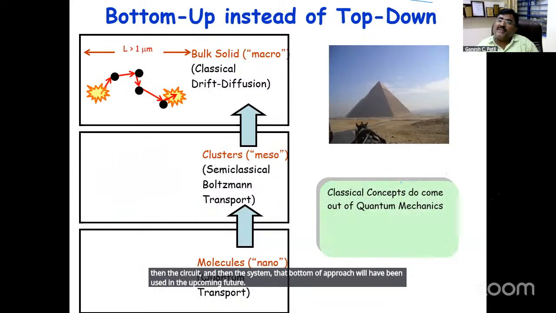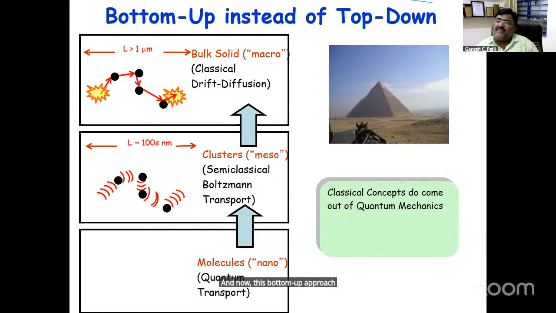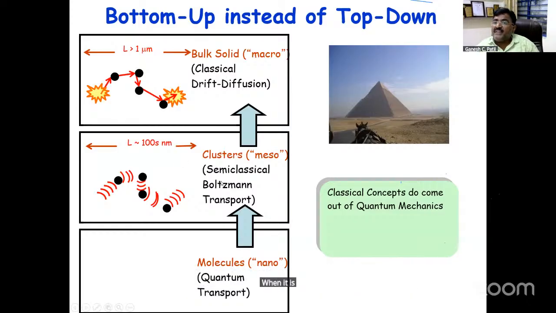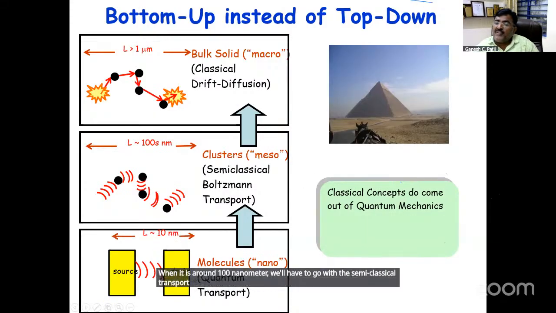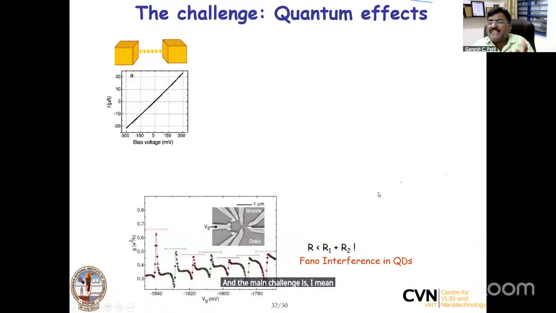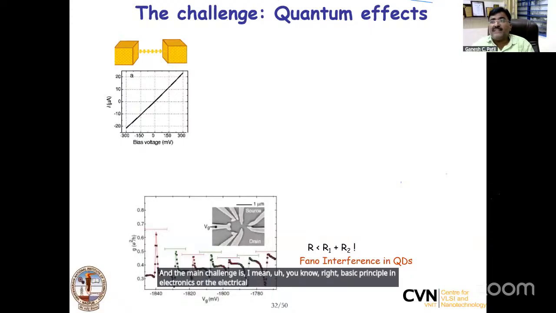Now, you could see that when the channel length was more than 1 micrometer, it was bulk solid, and we used classical drift-diffusion phenomena. When it is around 100 nanometers, we'll have to go with semi-classical transport. And when we talk about molecules, we'll have to talk about quantum transport. The main challenge is this: the basic principle in electronics or electrical engineering is Ohm's law, right?